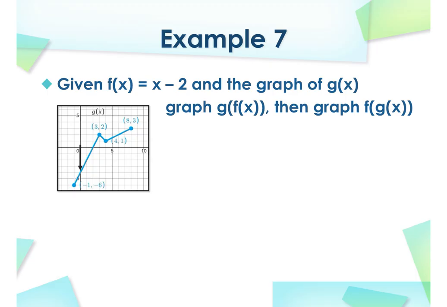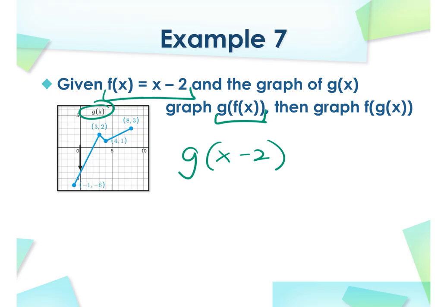All right, last one, example 7 says, given f of x equals x minus 2 and the graph of g of x, graph g of f of x and then graph f of g of x. So if my f of x is x minus 2, and I want to find g of f of x, I'm going to take the f of x and plug it into this function. It's going to look like this. What does this do to a graph?